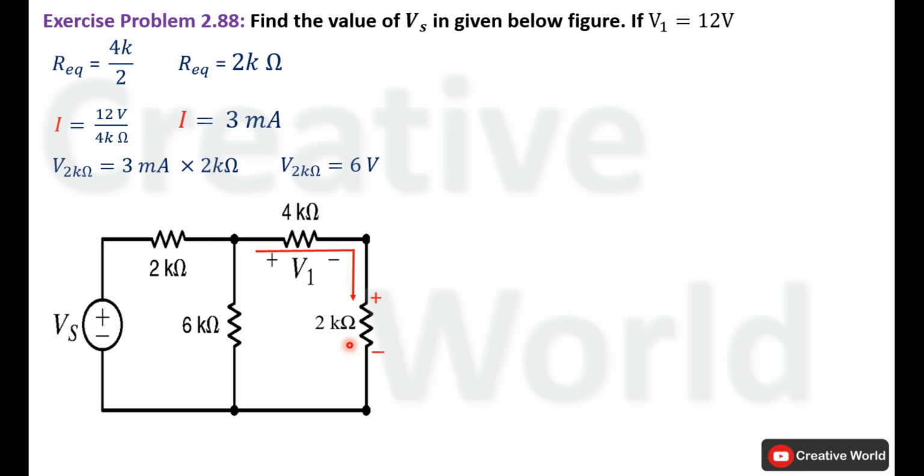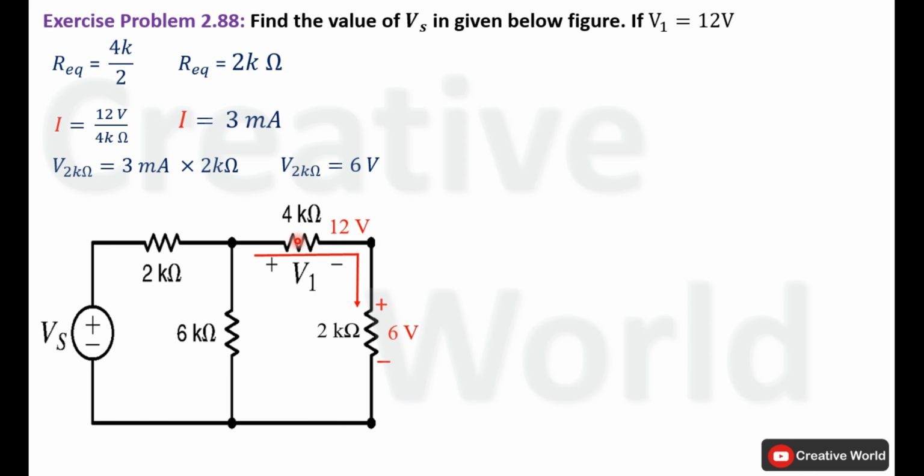Modify the network by indicating voltage across these two resistances. Voltage across this resistance is 6 volt and across this resistance is 12 volt. Now because of series connection, both voltage values will be added together. Their sum will be equal to 18 volt and this 18 volt will be appearing across this 6 kilo ohm resistance because of parallel connection.